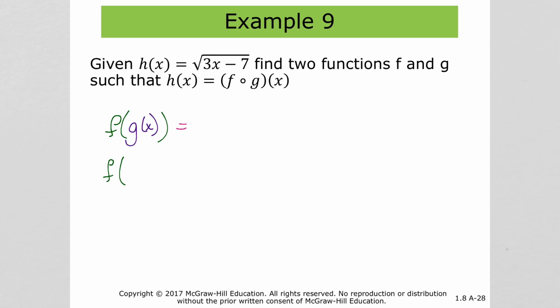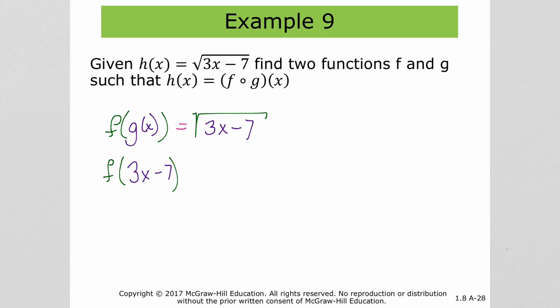So what could be plugged in? The 3x minus 7. Because you'll notice that the 3x minus 7 goes in the square root.